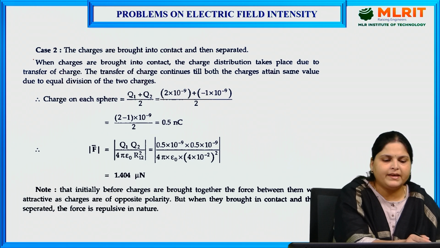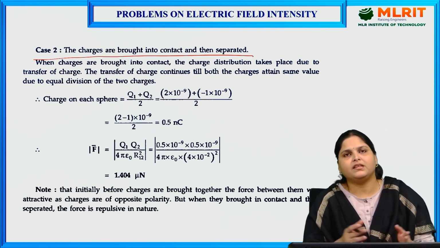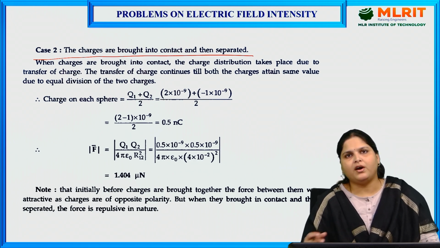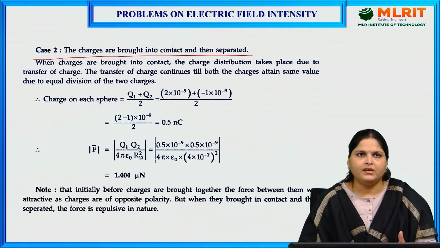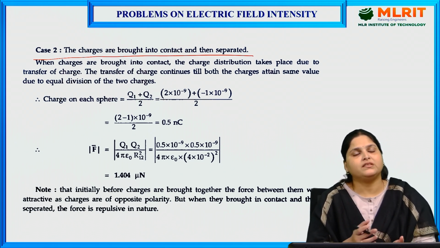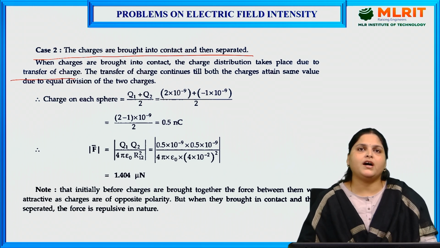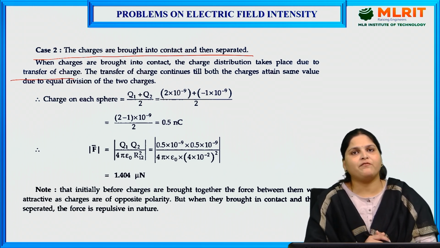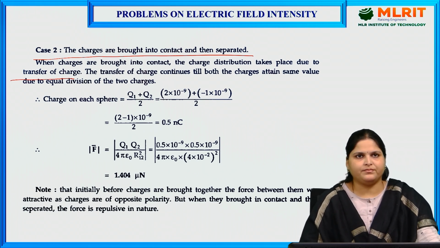In the second case, the charges are brought into contact and then they are again separated. So when charges are brought into contact, the charge distribution will take place. And this will happen due to the transfer of charge, and the transfer of charge will continue till both the charges attain the same value due to equal division of charges, right?